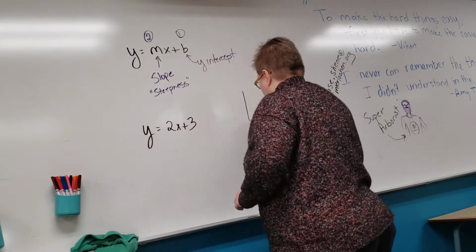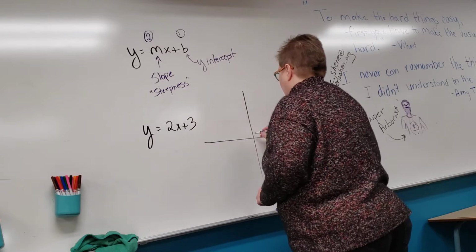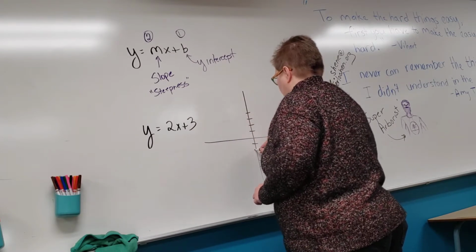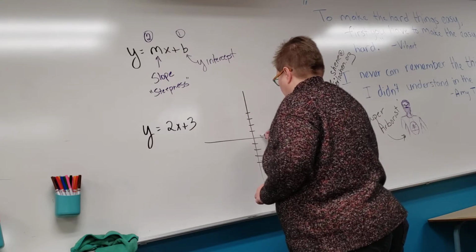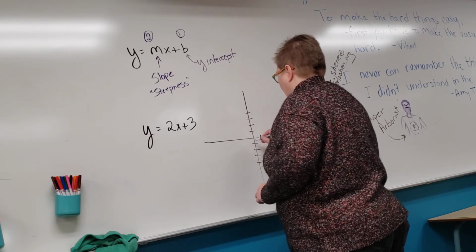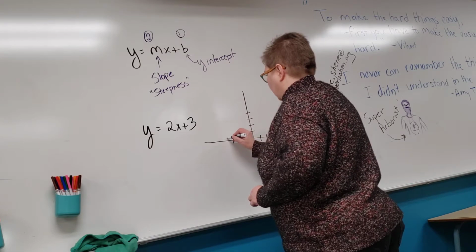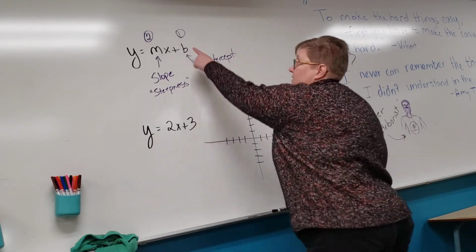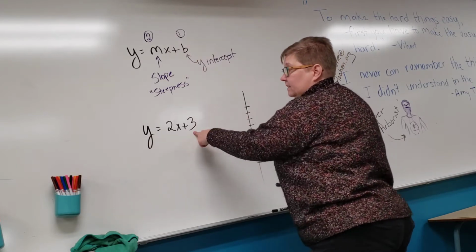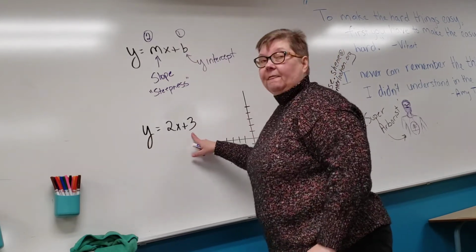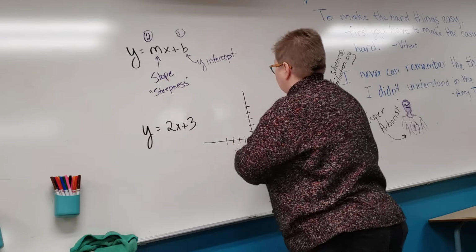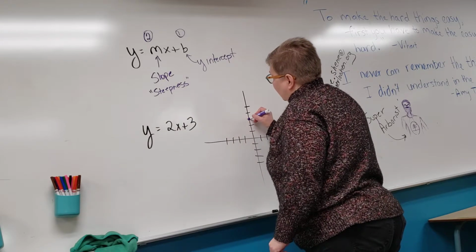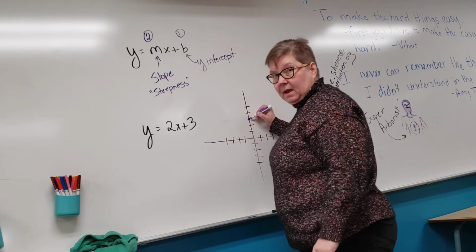The first thing I'm going to do is start at the y-intercept. Give me a minute to draw some graph here. Since it says start here, this is where we start on the y-axis. So I'm going to start at 1, 2, 3 on the y-axis.